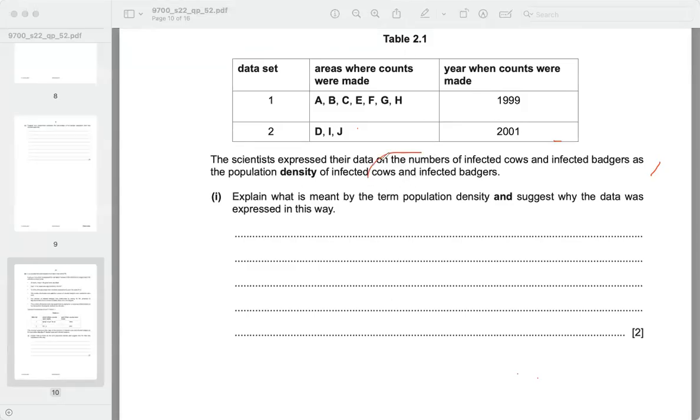It says, explain what is meant by the term population density and suggest why the data is expressed in this way. First, we have to give the definition of population density, a term which we had studied in the population and counting chapter.